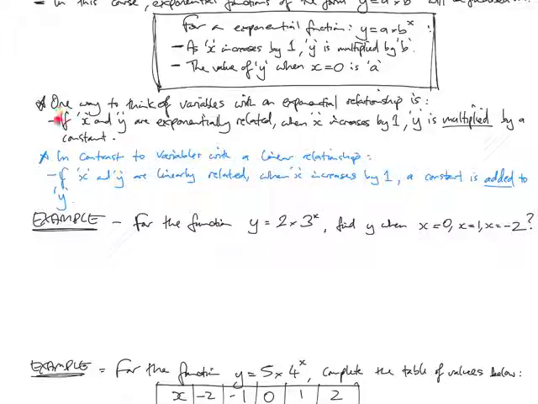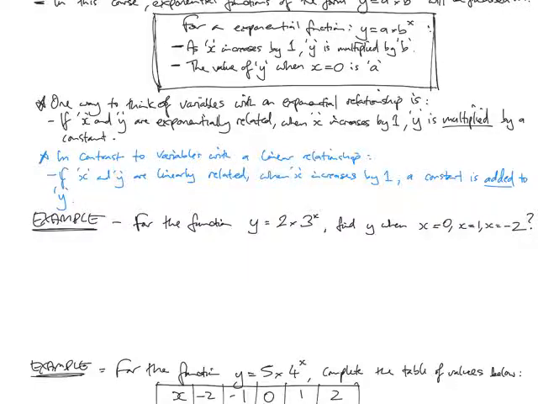What's different with exponential functions is x and y are exponentially related. You can tell that when x increases by 1, then y is actually multiplied by a constant. So it's not adding a constant each time. You might be adding a constant to x, but y is being multiplied by a constant number instead of adding a constant to it, like with a linear relationship.